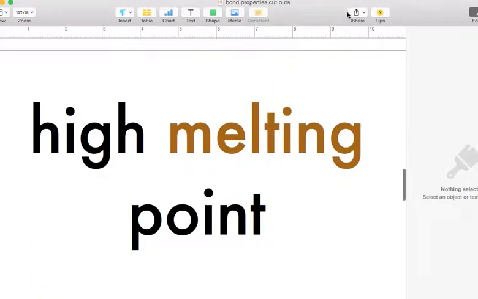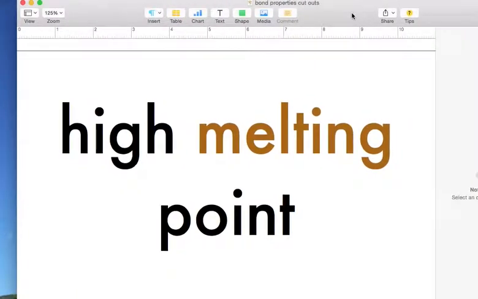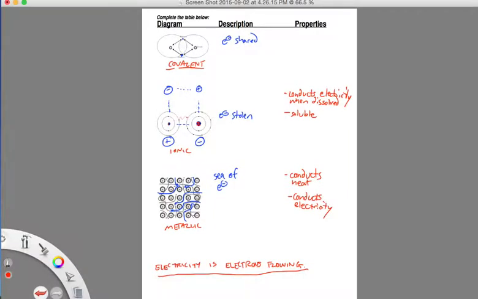High melting point. High melting point means this is the point where the solid no longer is a solid anymore. When you're looking at these structures, to become liquid, they need to be able to move much more freely.